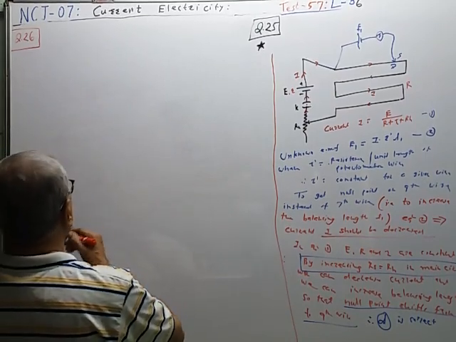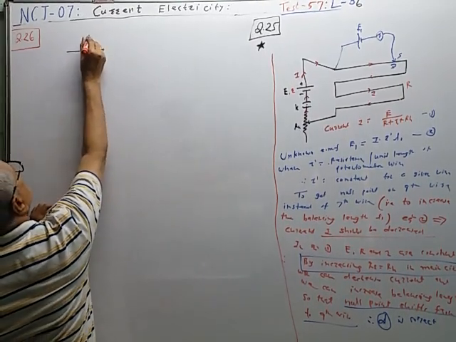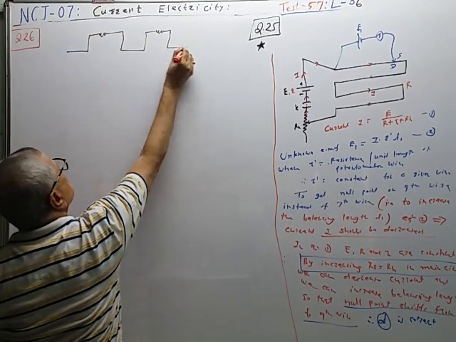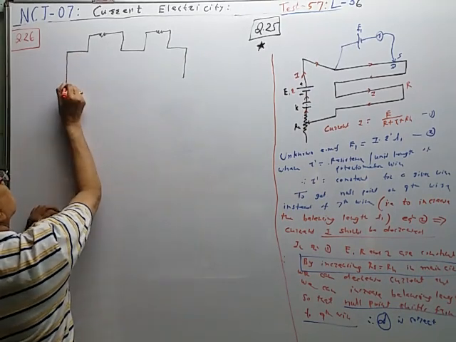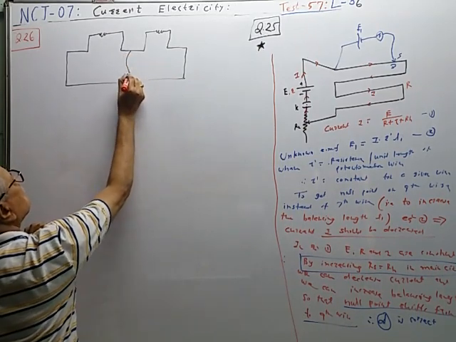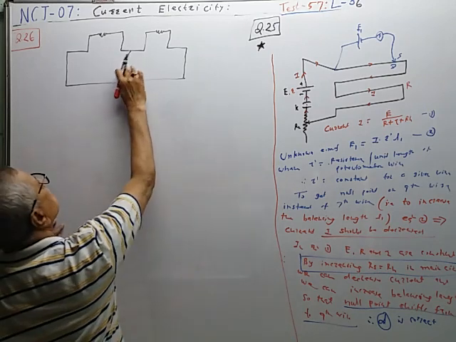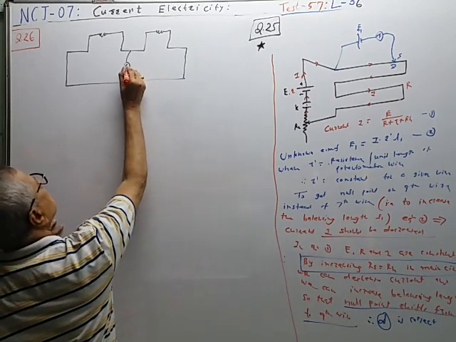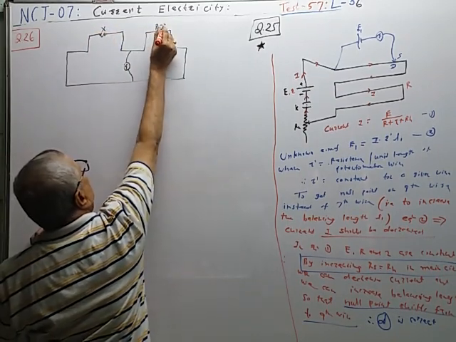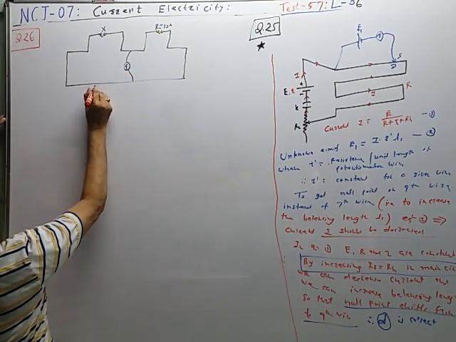The arrangement is like this. This is X, this is R equal to 10 ohm. This is 52 centimeter.